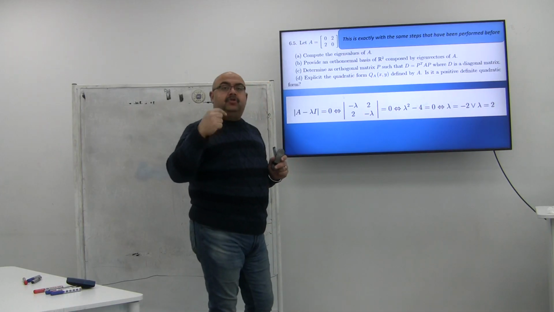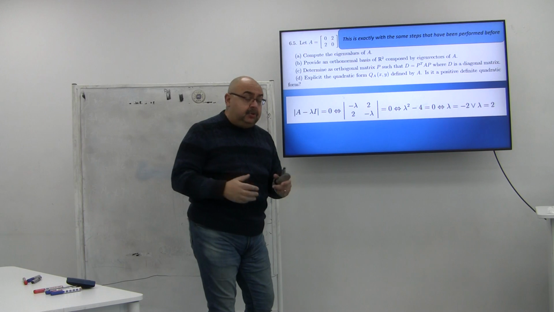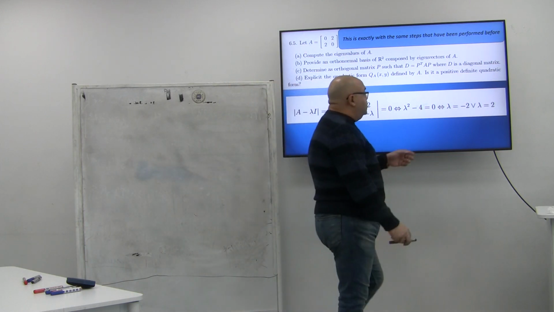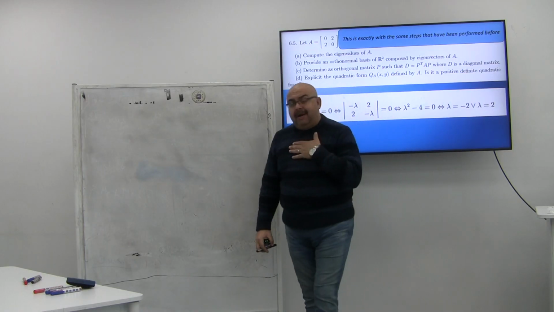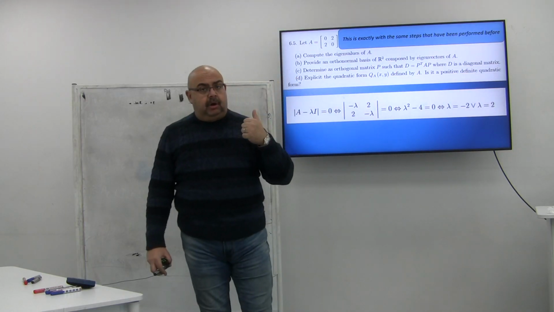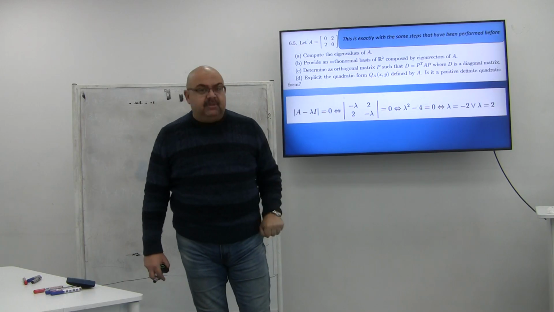Then I will try to factorize it, which is going to be a difference between two squares, leaving you with lambda equal to negative 2 and lambda equal to 2. So now I have the eigenvalues, which are negative 2 and positive 2. Keep them with you.